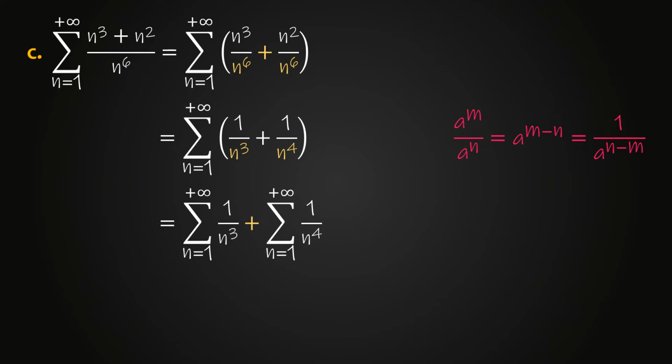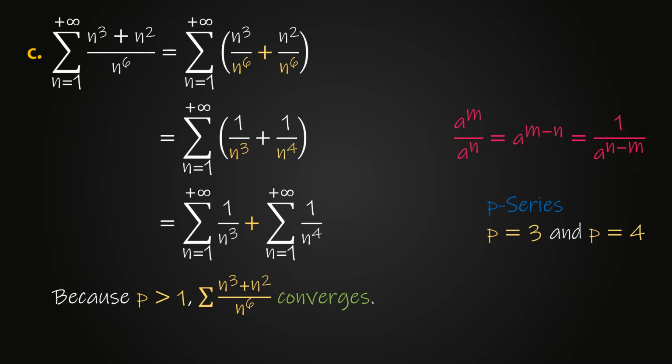The series is now a sum of two p-series with p equals 3 and p equals 4. Each p is greater than 1, thus each series converges, which means each series has a sum. Therefore, the sum of these two series exists, and the sum of the two series converges.